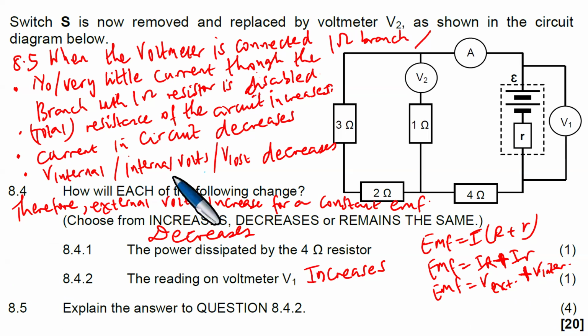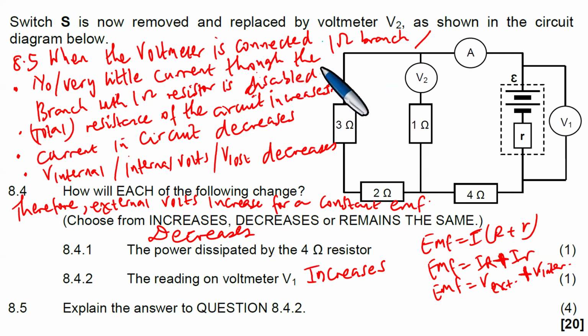What are we changing here? We are changing the external setup. We saw that switch S is now removed, and we saw that the resistance is going to increase when the voltmeter is connected.